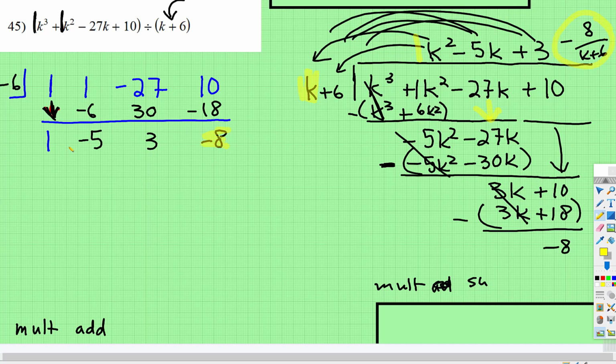And because we have our coefficients and our remainder, since we factored out a k, that becomes 1k squared, and then descending order. Subtract 5k plus 3 with the remainder of negative 8 over k plus 6.